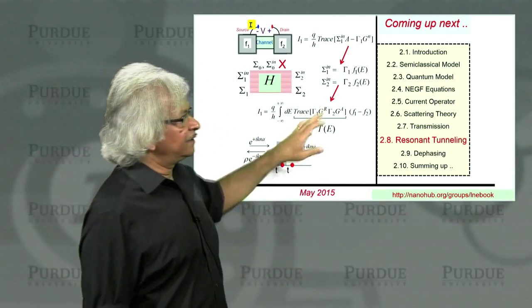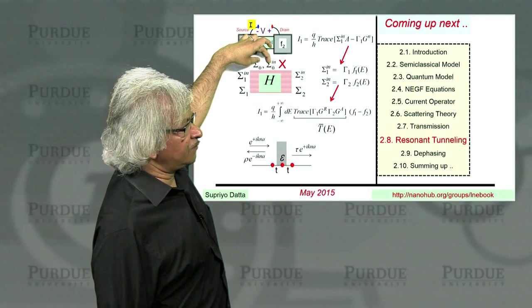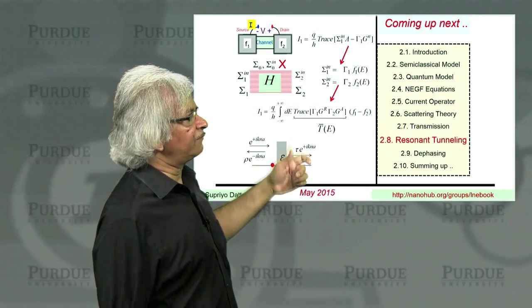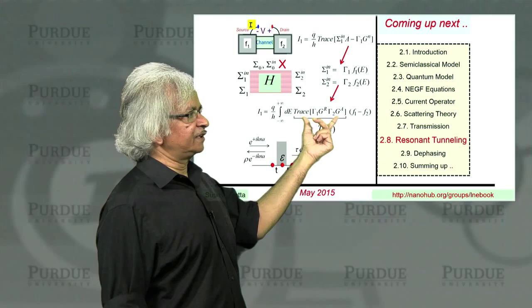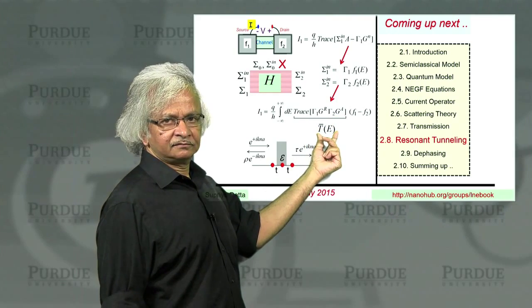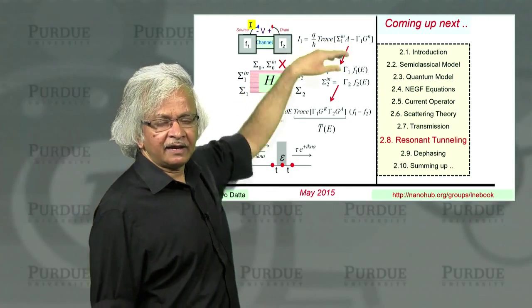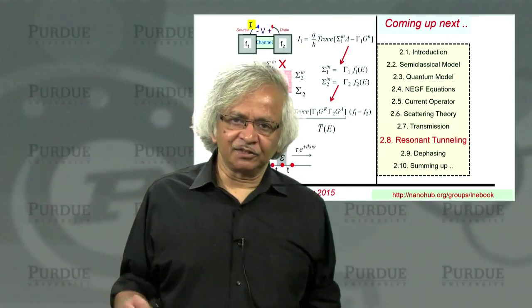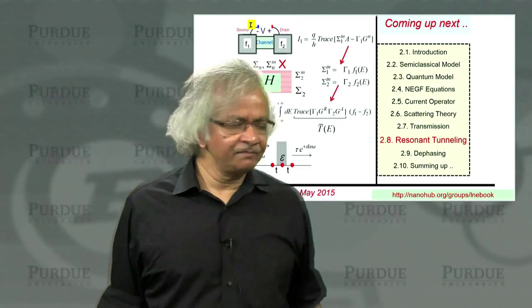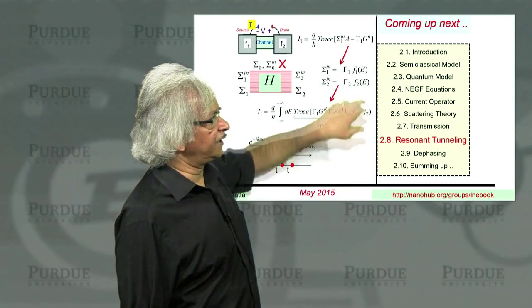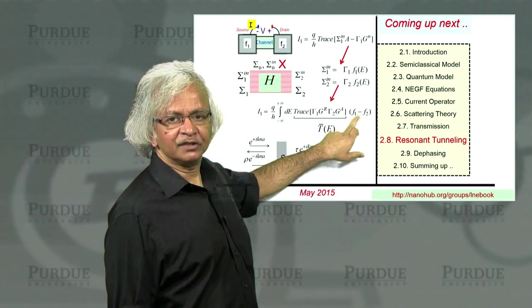It is just that if these things are not described by a Fermi function, I won't have a simple expression like this for transmission. So if I really want current, I should use this. And if I want to find a transmission so I can compare with other things, then I should take whatever current I get and divide it by F1 minus F2.